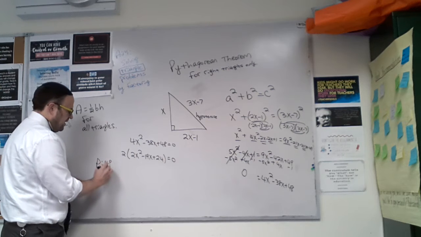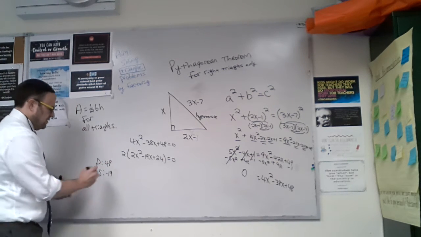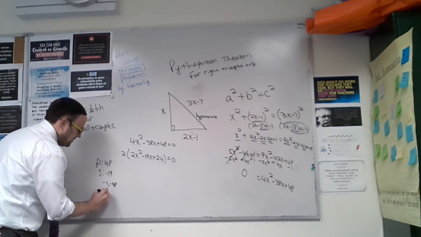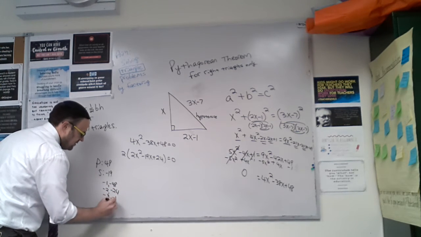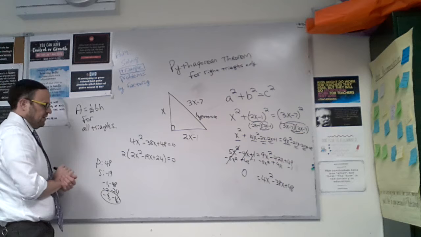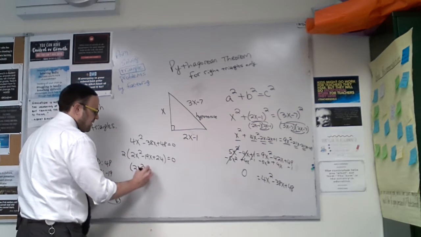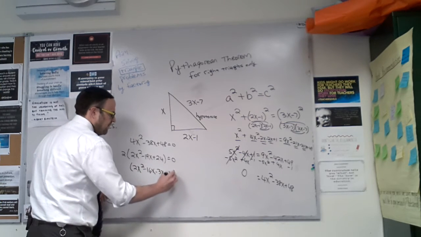I'm looking for a product of 48 and a sum of negative 19. Let's start listing possibilities. I know I'm going to need some negatives because I need that sum of negative 19. And here it is. So 2x squared minus 16x minus 3x plus 24.